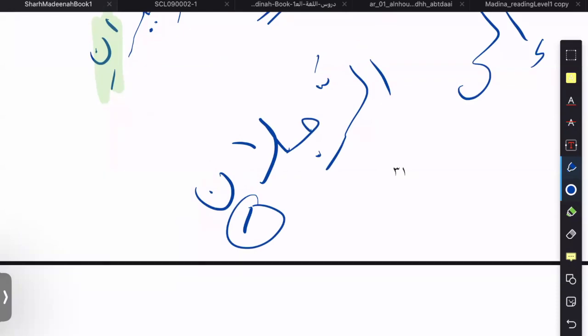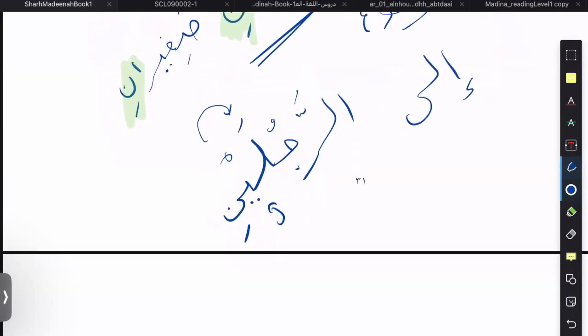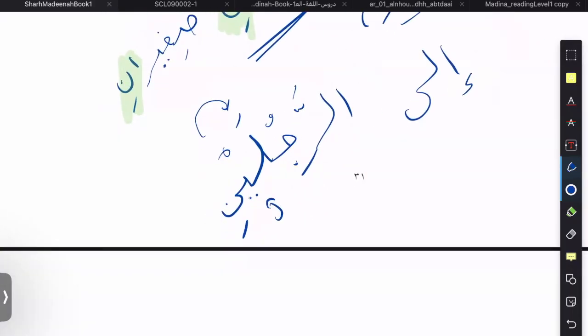This is what the author did not mention: instead of alif and nun, as someone pointed out, we say ya and nun. But careful with the sound. You say الرجلين. So the ya takes a sukun, the letter before ya takes a fatha, and your noon remains kasra. So it would be الرجلين. Okay. قلمين، كتابين.